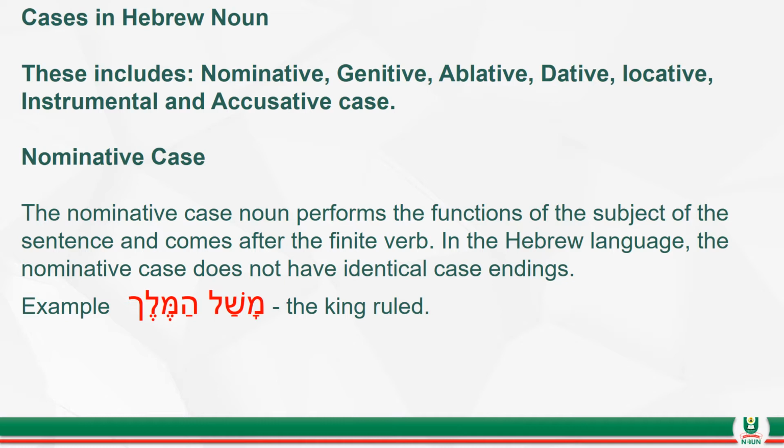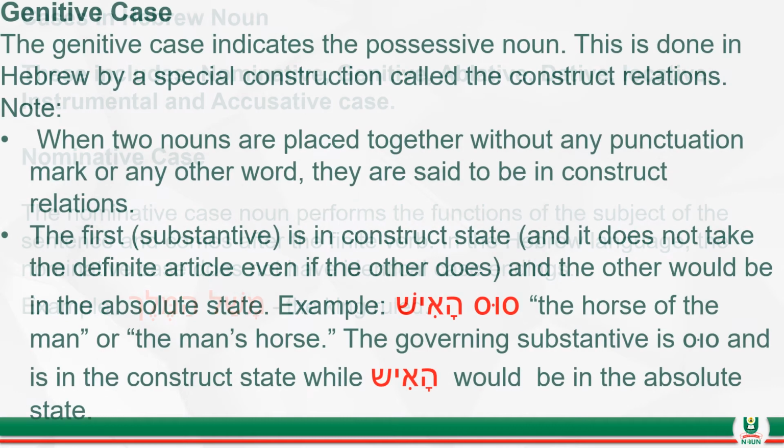In Hebrew, there is no pattern of ending for the nominative case, but it is identified by its function, the function of the subject, as we have in Mashal Hamalek, the king ruled. So Hamalek is doing the work of the subject in this sentence.